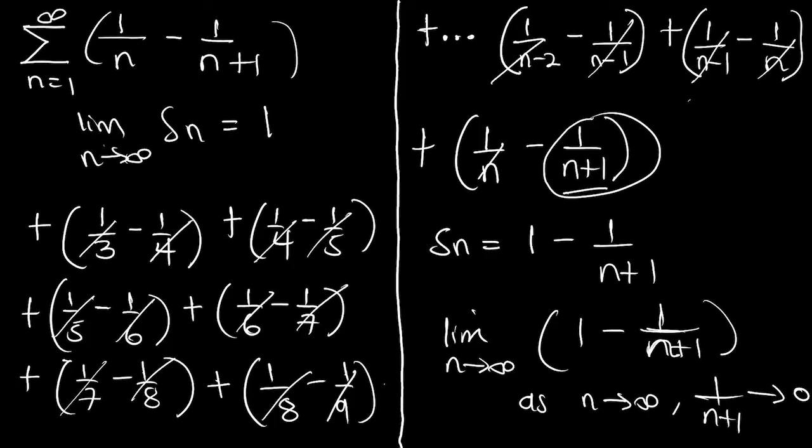Definite value, which is 1, because the whole of this part is going to go towards 0. So we are going to have 1. Like we said in the earlier videos, if limit as n approaches infinity, the partial sum is equal to a finite value, then the series what? Converges. So we can confirm that this is what? A convergent series.